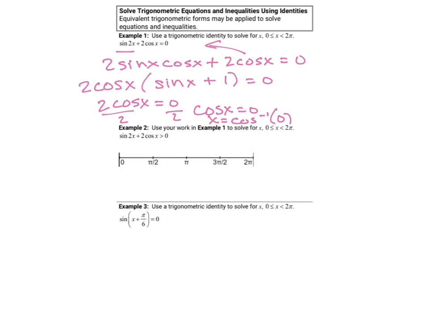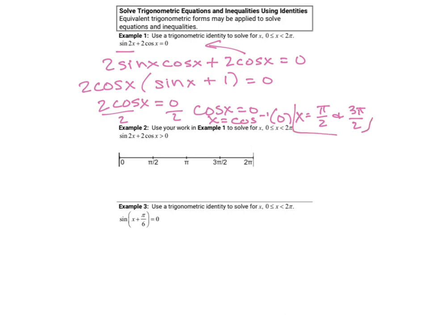Pi over 2 or 3 pi over 2. So x is equal to pi over 2 and 3 pi over 2. That's one of our factors.